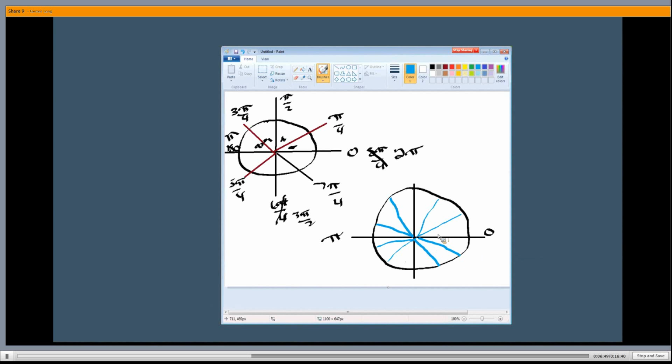And we know from 0 to pi, I've got 1 section, 2 sections, 3 sections, 4 sections, 5 sections, 6 sections.